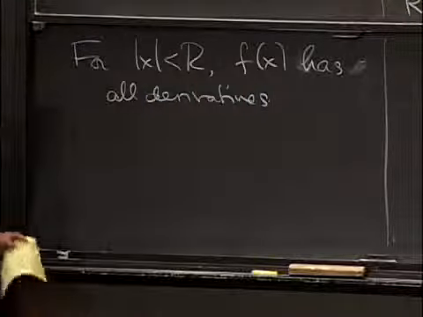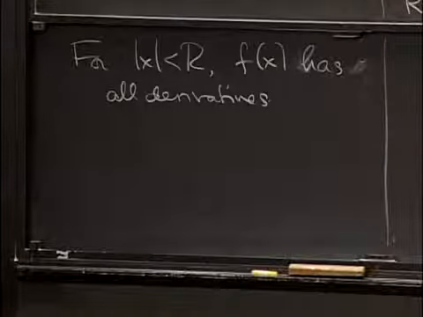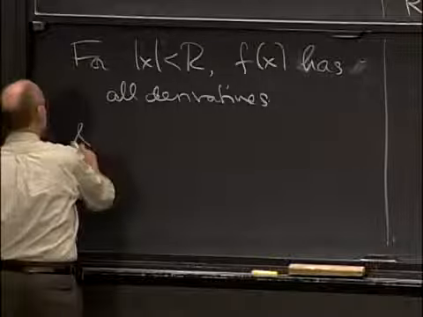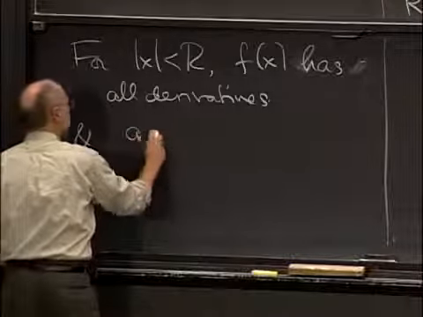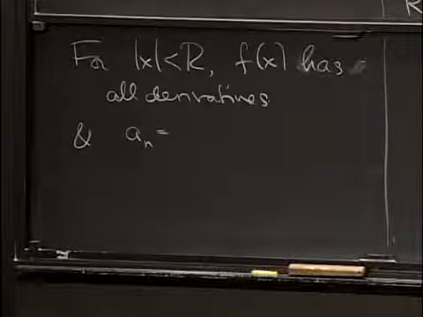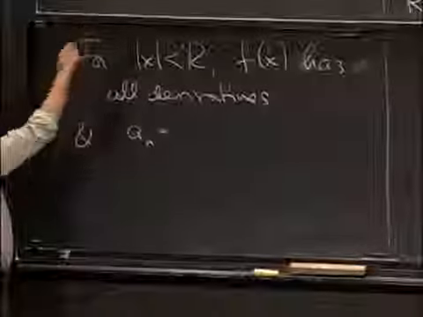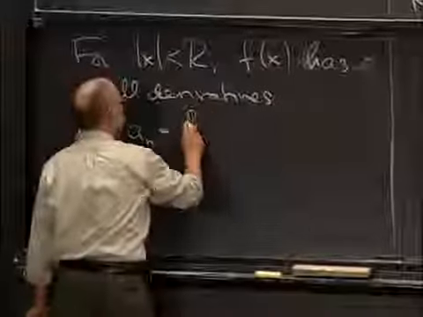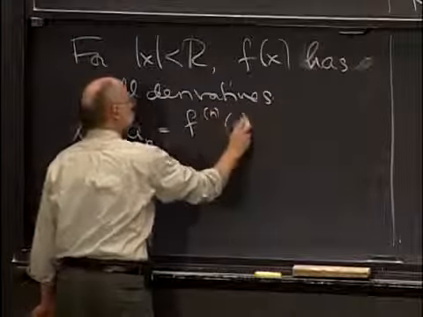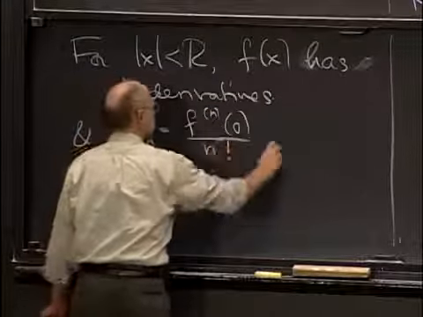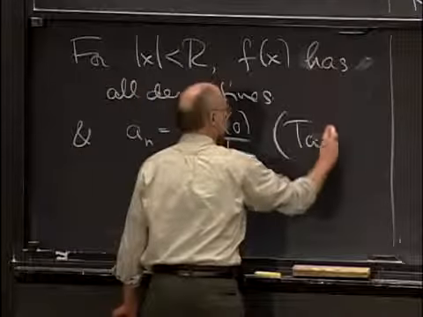You can differentiate it over and over again. And in terms of those derivatives, the number a sub n in the power series can be expressed in terms of the value of the derivative at 0. And this is called Taylor's formula.